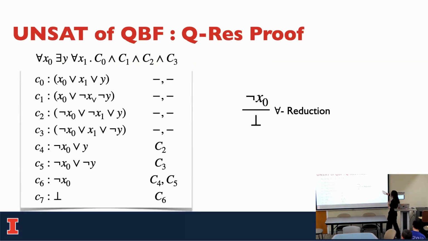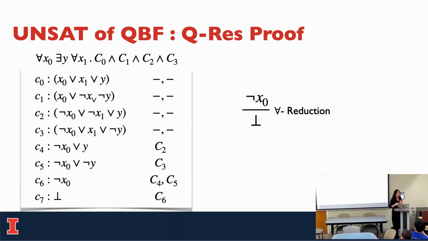Now again, I apply forall reduction to clause 6, which is what we derived before by applying clause 4 and clause 5. The reason we can apply forall reduction now is because there is no existential literal in this clause. So we can directly remove x0. Okay, and now because we removed x0, we got what? We got an empty clause.